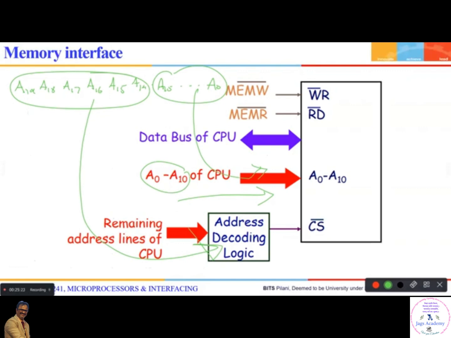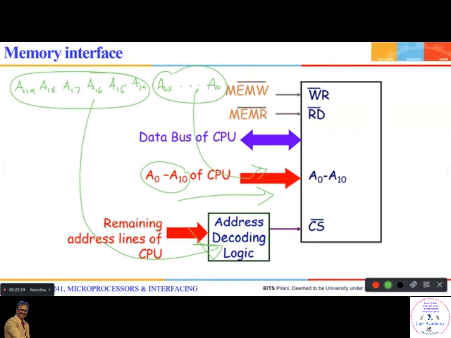What is the purpose of the address generated by the microprocessor? To locate a memory. To locate the memory, we are using A0 to A10 directly as the address lines of the memory chip itself. What about the remaining A14 to A19? These also have to be used, and they are used as input to the address decoding logic.